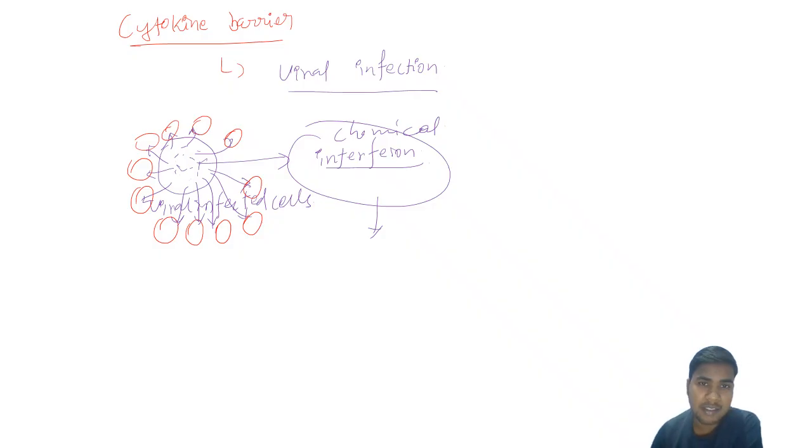So this is the mechanism of the cytokine barrier: the interferon chemical is secreted from virally infected cells, and this interferon makes the nearby cells aware of the viral infection.